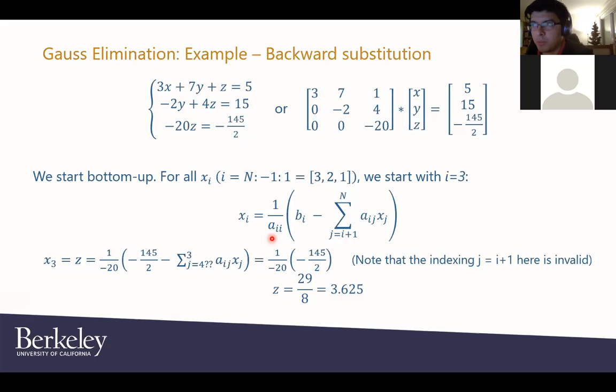So the way to express that mathematically and actually coded is that for all xi, again, I am here giving you a little bit of pseudocode, so it will be a loop over i equals n colon -1, so going down all the way to 1, so 3, 2, 1.